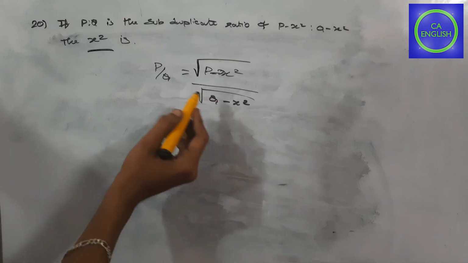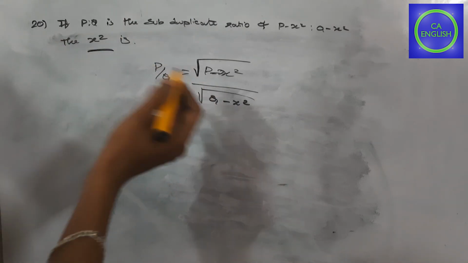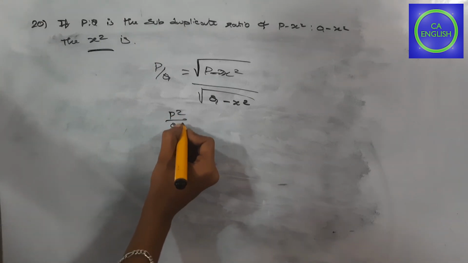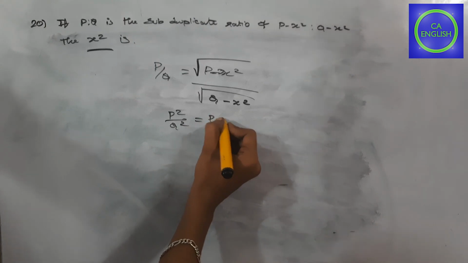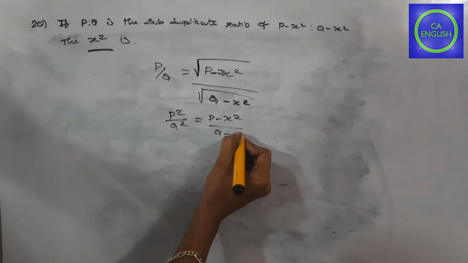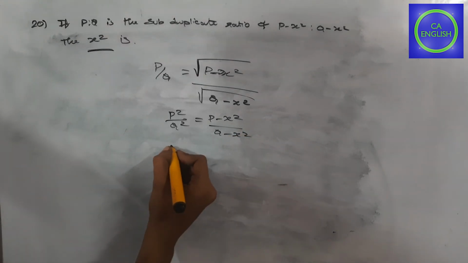Now we can go into the next step. In this step we are going to bring the root to the opposite side. If the root goes to the opposite side, it will change into square. P square divided by q square equal to p minus x square divided by q minus x square. Now we are going to cross multiply it.